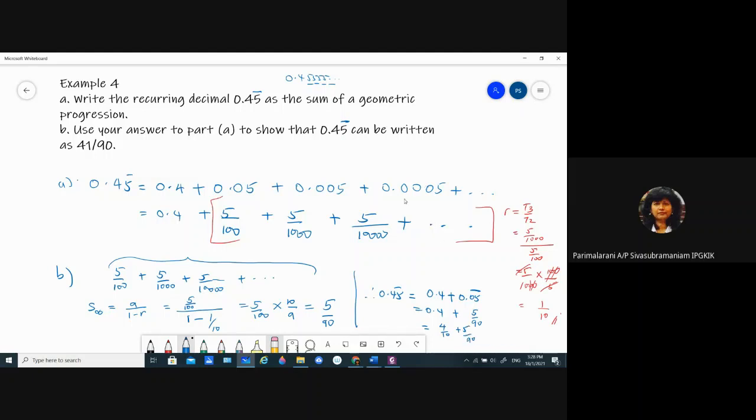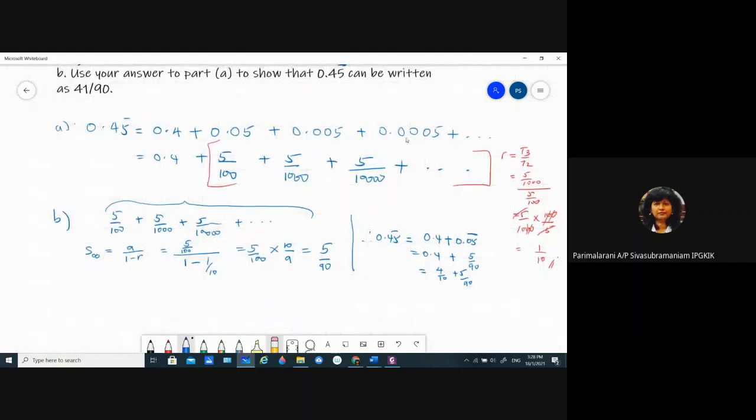So this is, how much is this? 90 divided by 10 is 9, times 4 is 36, plus 5 is equal to 41 over 90. Okay, so we have shown.